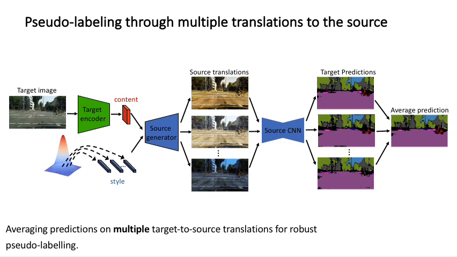In our case, we have a whole distribution of translations for every image in the target domain, so we can exploit multiple samples to obtain a better estimate of the pseudo-labels. Here, a target image results in multiple source domain translations, which are processed by the source domain network, and the predictions are averaged to produce pseudo-labels for the target image.